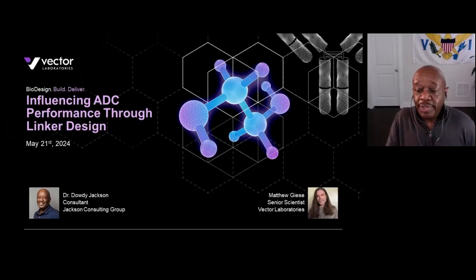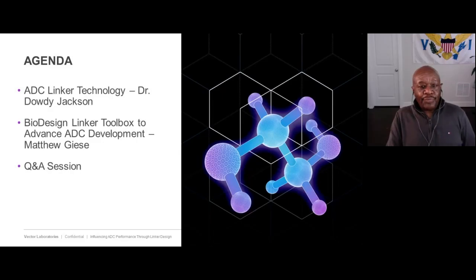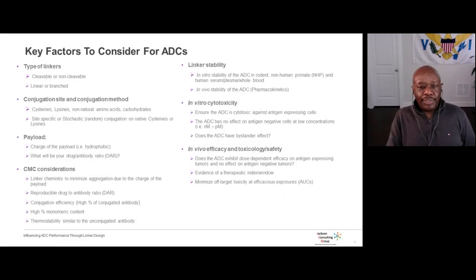Great, thank you for the introduction. What I'm going to do is start off with this slide in particular. This is the slide that encompasses everything we're going to talk about in this webinar today, both Matt and I. We're going to talk about the types of linkers that you want to consider for developing your ADC payloads. We'll talk about the conjugation sites, because the linkers consist of two parts.